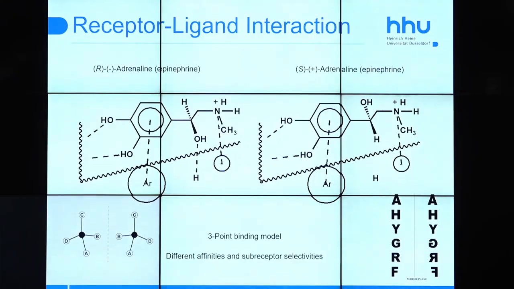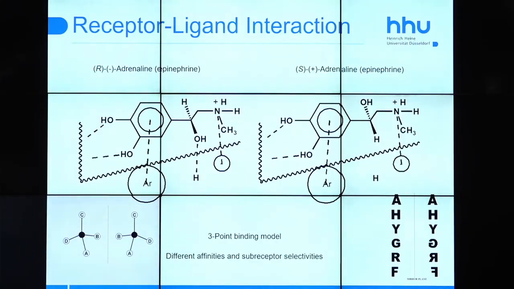But I must also say, you see that this compound can also interact with the receptor, maybe with a slightly less affinity, reduced affinity. Maybe to other receptors it can bind better, so it has another selectivity profile. Yeah? So the other stereoisomer is not inactive, but less active here in this way.